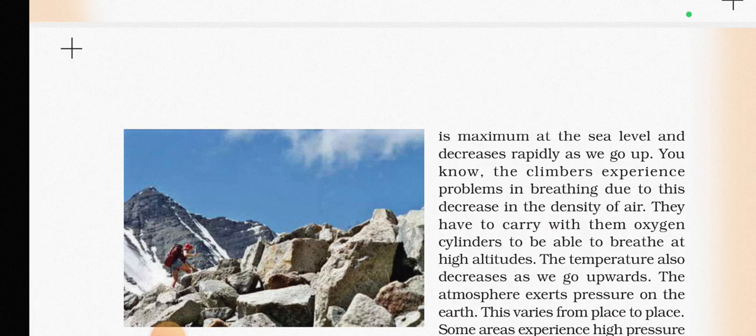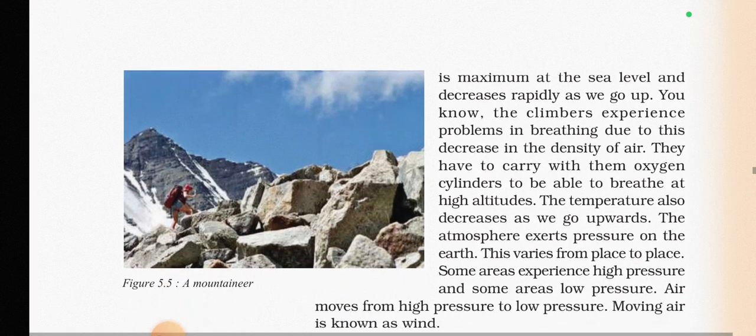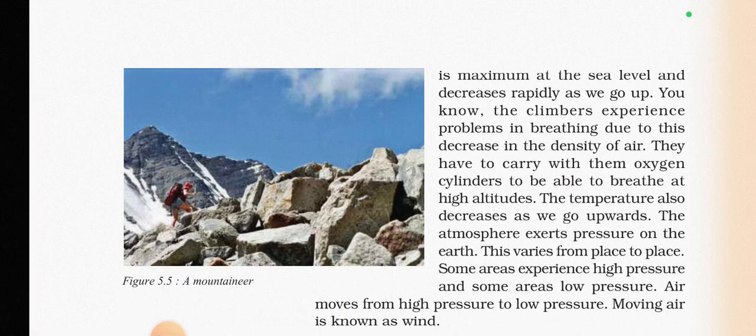So yeah, one practical example has been given here: climbers experience problems in breathing due to the decrease in the density of the air, because the higher you go, the thinner the air becomes, and obviously it becomes problematic to breathe.